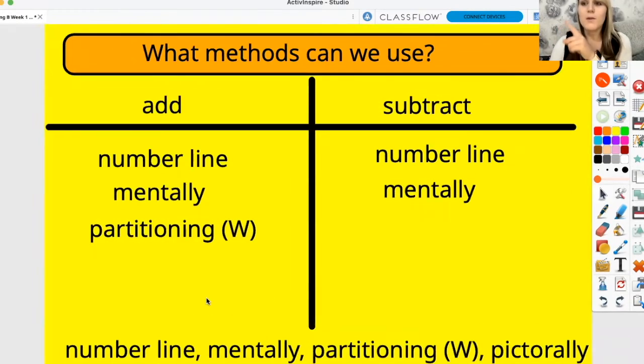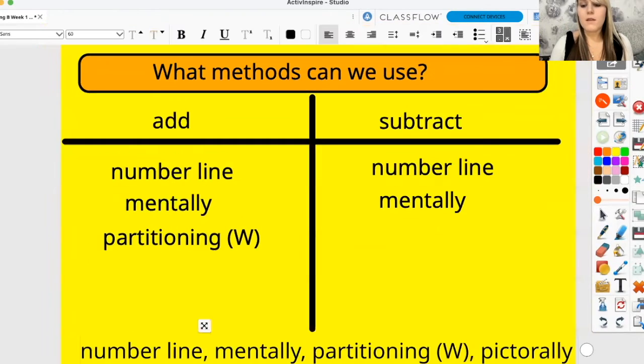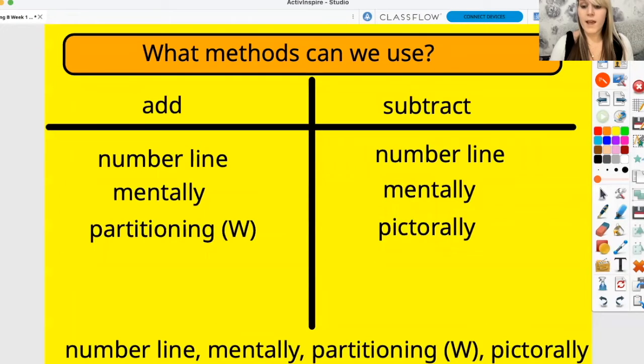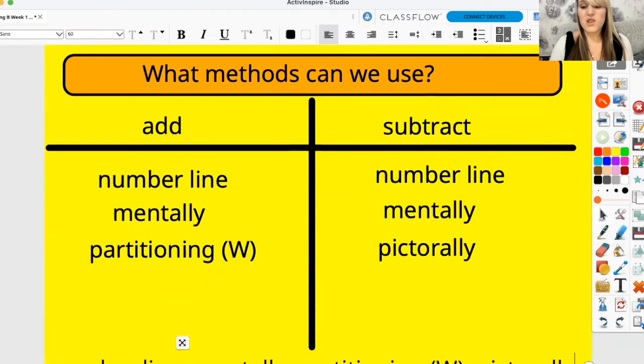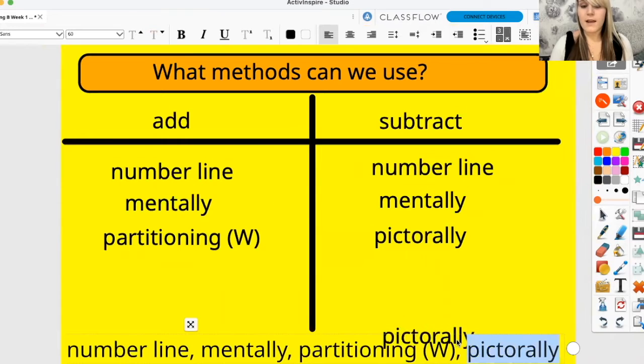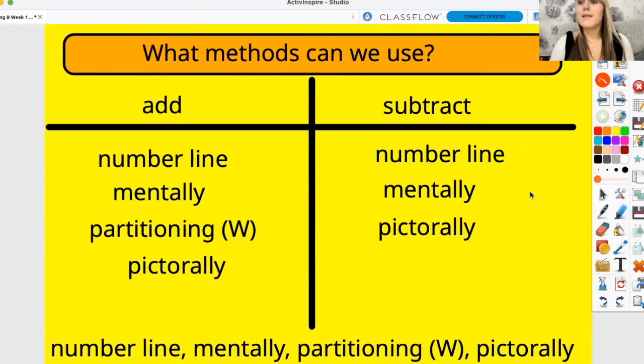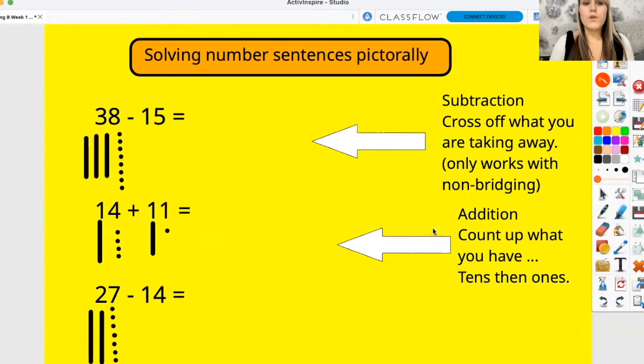You can use the W method, don't tell Mr. Stray, to add, or you could use a new method that Miss Vaughan is about to show you, which is pictorially. Pictorially is just a clever way of saying with pictures, basically. So you can do addition and subtraction pictorially. So here it is, our new method for this half term, okay?